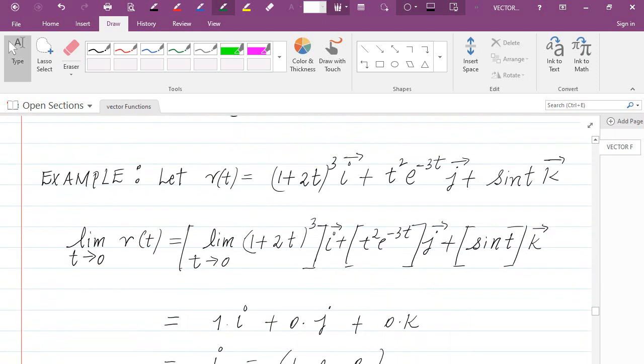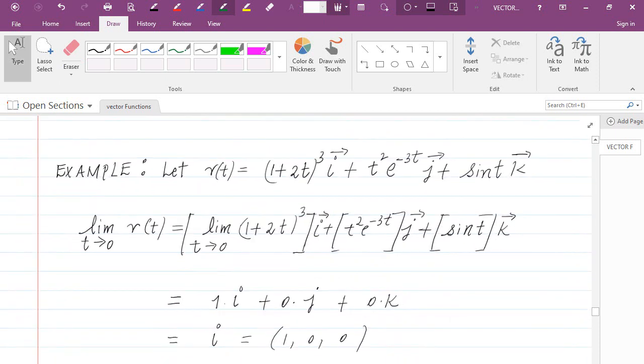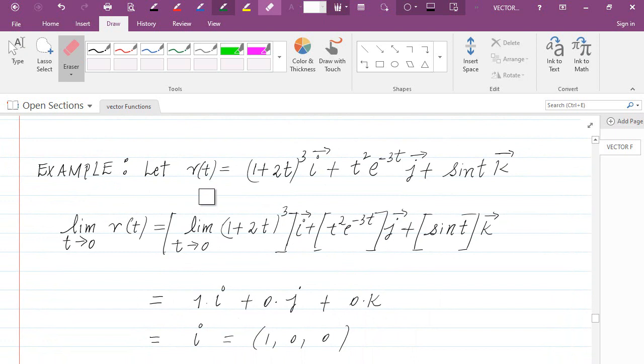So here's an example. Let's say R of t is the vector function where the first component is 1 plus 2t cubed, the second component is t squared e to the negative 3t, and the third component is sine t.